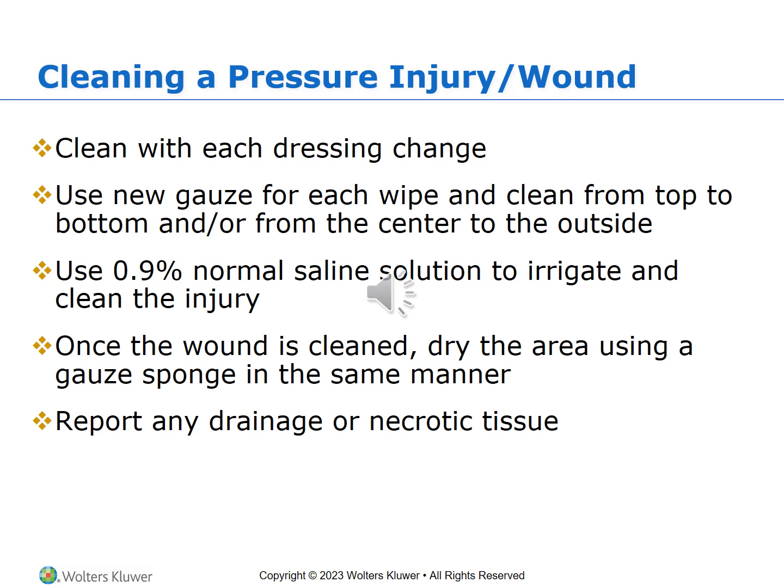Use normal saline solution to irrigate and cleanse the injury. Sometimes your facility may have something called a wound cleanser solution. Once the wound is cleansed and dry, dry the area using a gauze sponge in the same manner. You're just patting dry. Report any drainage or necrotic tissue.